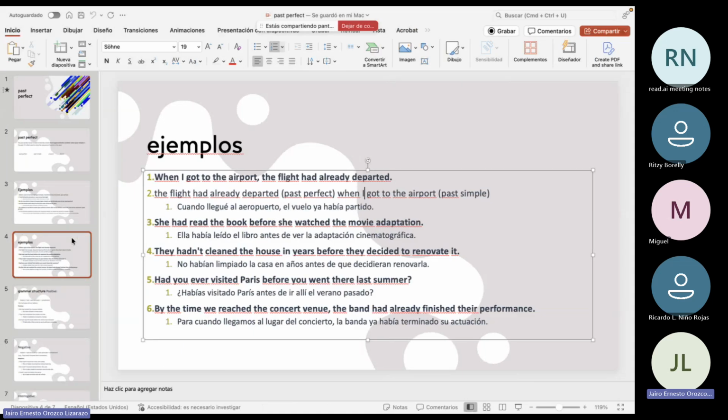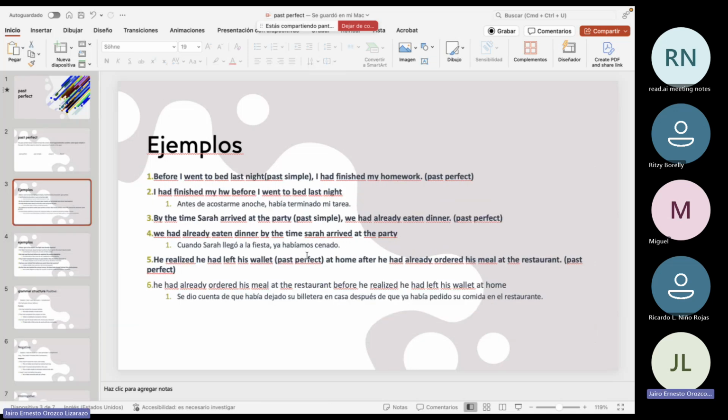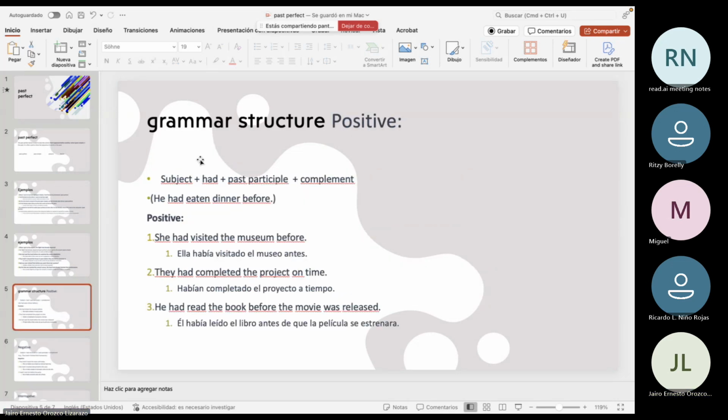Meanwhile, past perfect has to finish before another action. That action usually in past simple. Sometimes, like we saw before, it can come before another past perfect sentence. Okay. So what is this grammar structure? It's the same that we did before, right? The grammar structure.